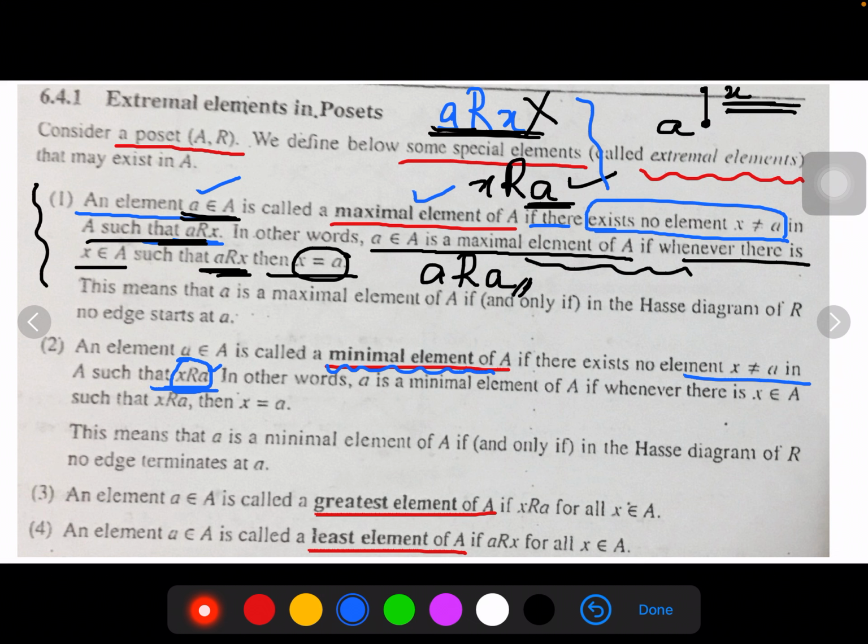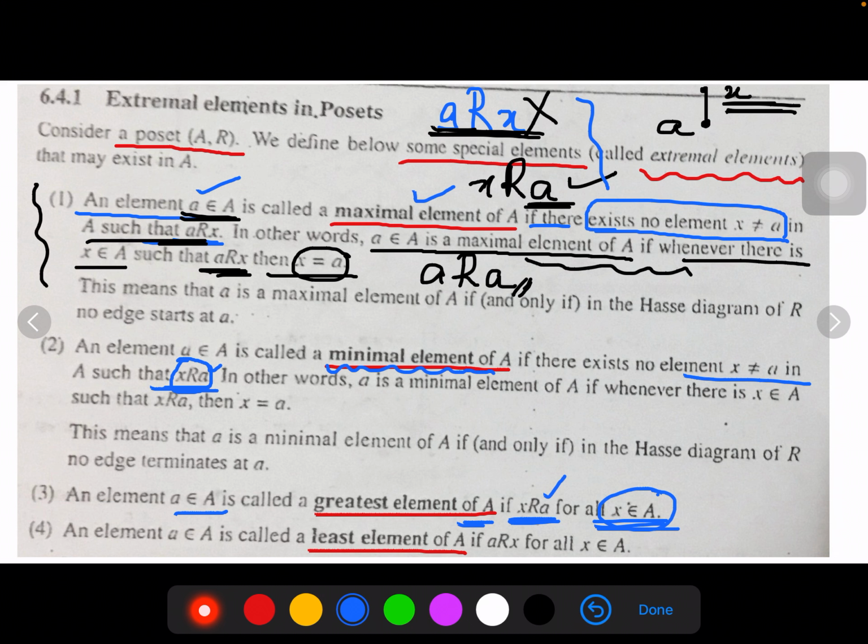Next, an element a belonging to A is said to be the greatest element if all the elements are related to a, that means this is the greatest one. For all x belonging to A, that means for every element of A, there should be a relation of this kind.